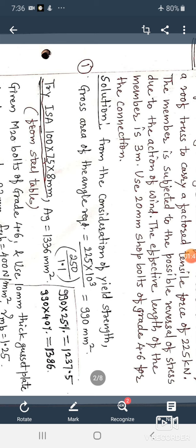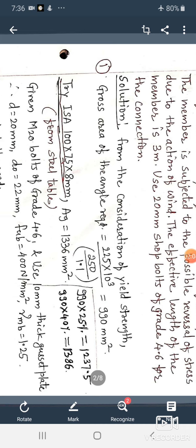In the guideline I have told you that whatever area required you get, you have to increase it by 25% and 45%, and in that range you have to select the section. So first we need to try the section from the steel table and then check the section.